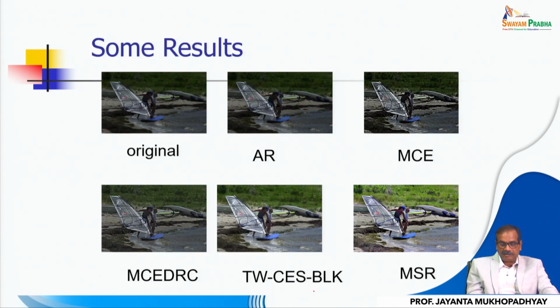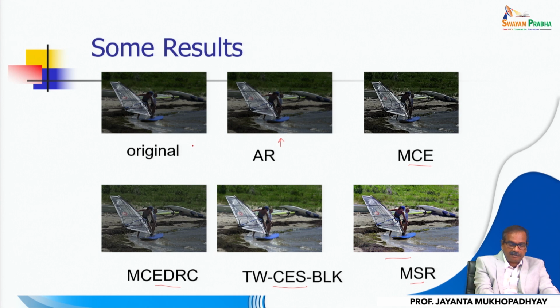There are some more results, like this is the original image, and then this is the image for alpha rooting, and these are certain results for contrast enhancement of DC and AC coefficients. This is with the twising function using contrast enhancement by scaling, and this is another spatial domain operation, multi-scale Retinex processing, which I am not discussing here, but you can see that the spatial domain operation requires a lot of computation, but you can see also the quality of the enhanced image.